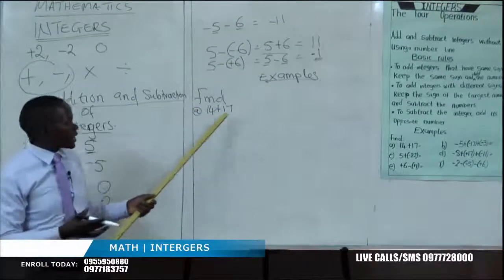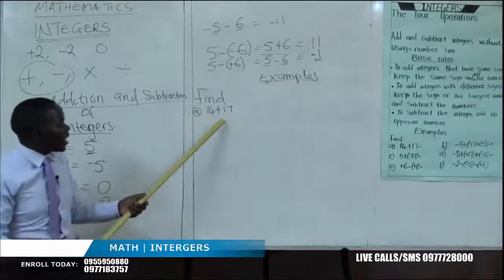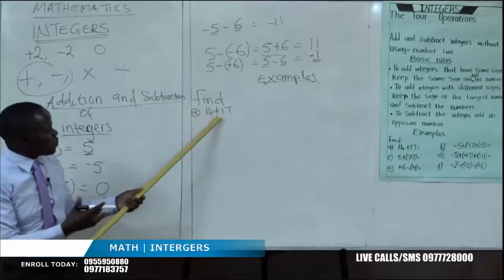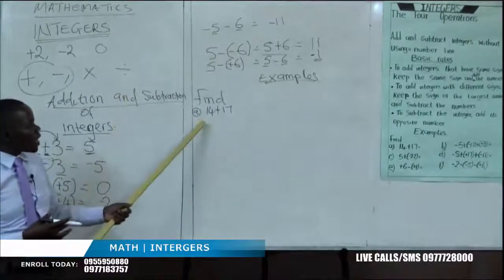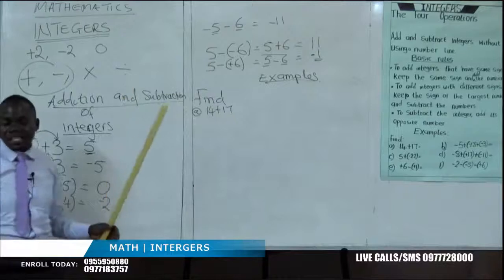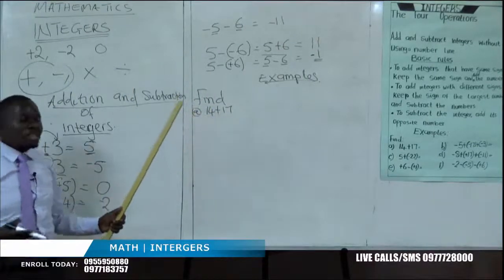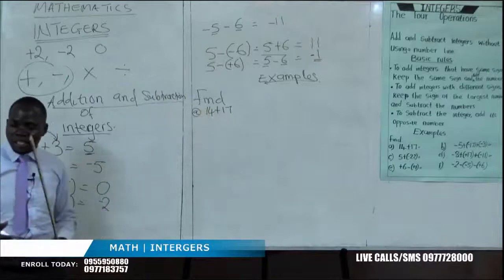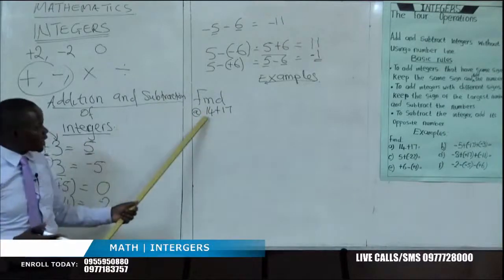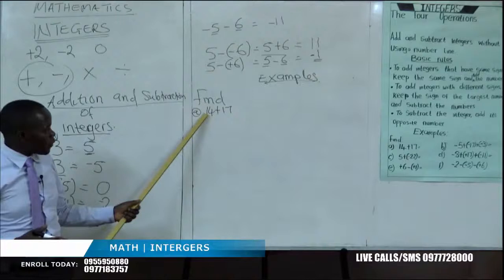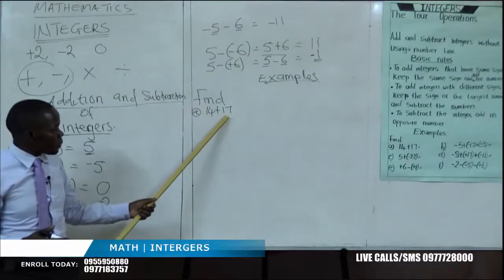Or do you have different signs? Or the signs are the same in the middle here? So when you look at these two, you have got the same sign. This one, 14, even if there is no sign here, we know that 14 here is positive. So we have got these two that have got positive, and this one has got positive.